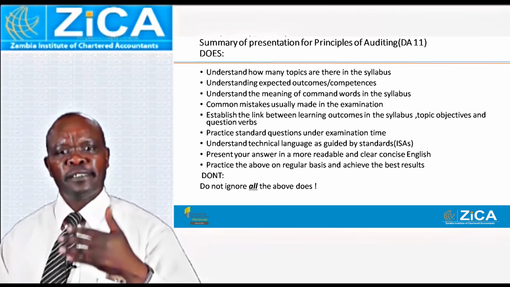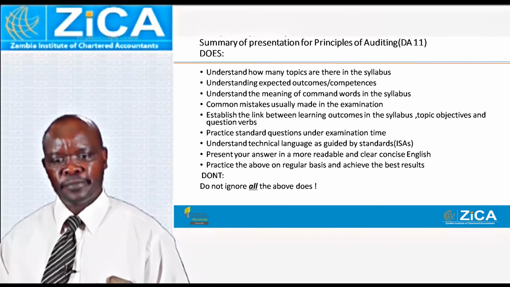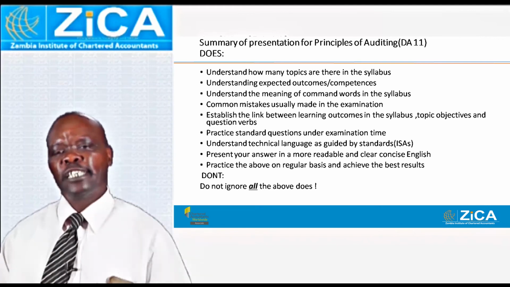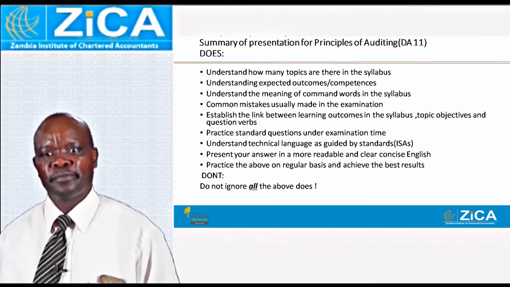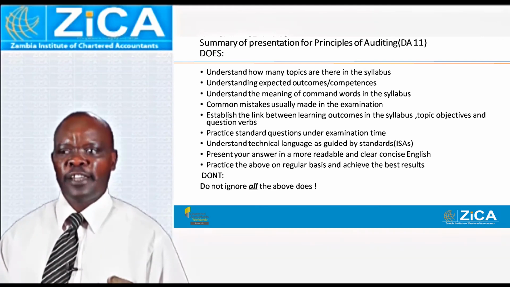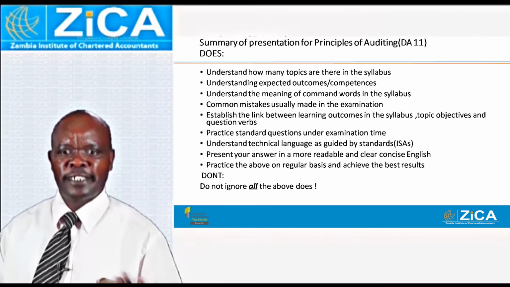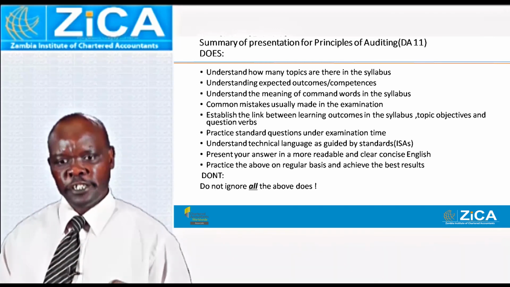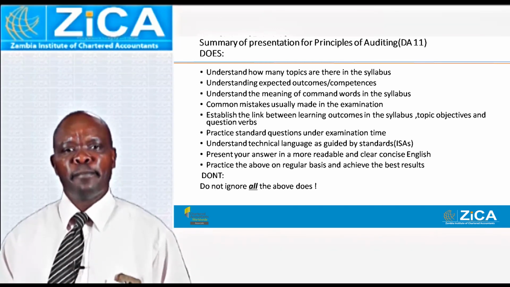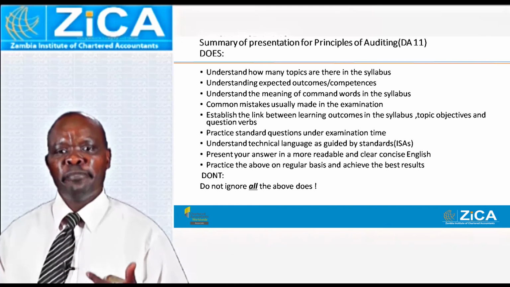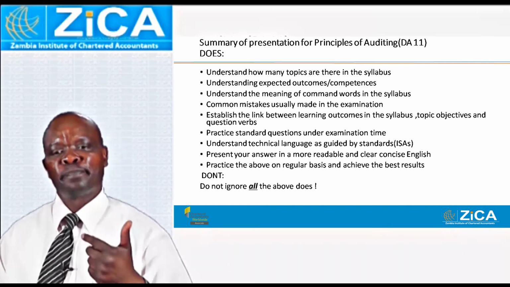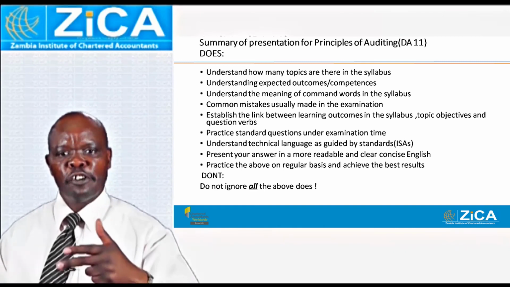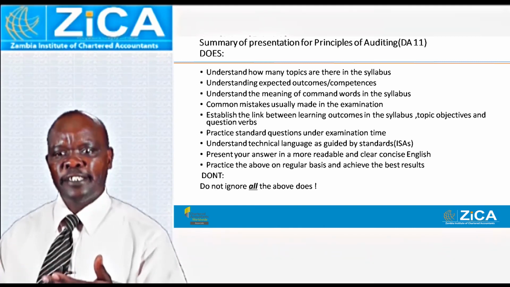Again, the topics must not be studied in isolation. The examiner is free. For instance, question 2 can have 6 topics. I think if you compare other subjects, you find that possibly you can master, like mathematics, a topic and maybe it will come as a single question. But for the audit exam, you'd find that part A could be topic 1, part B topic 6, part C could be topic 8, and so forth.